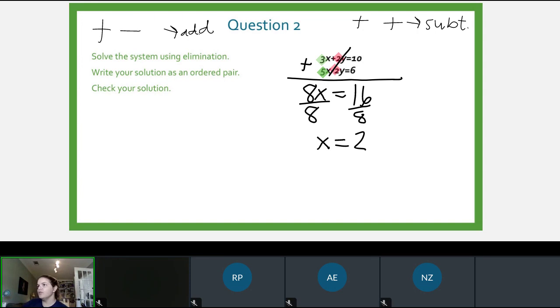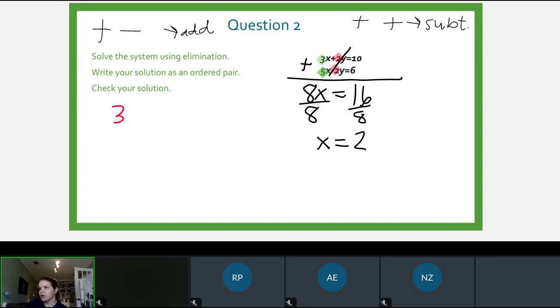So now that we know what x is, hey, Sky, pay attention to what I'm doing here, because this is going to be the second part of your problem. Once you get your equation solved for x, this is what you need to do next. So we have a value for x.